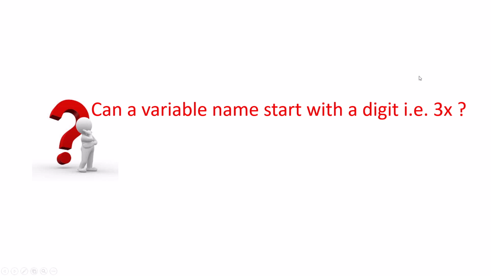For example, is 3x a valid variable name? Or for example, at the rate of y, is that a variable name? Or for example, this symbol times 2 times x, is that a variable name?